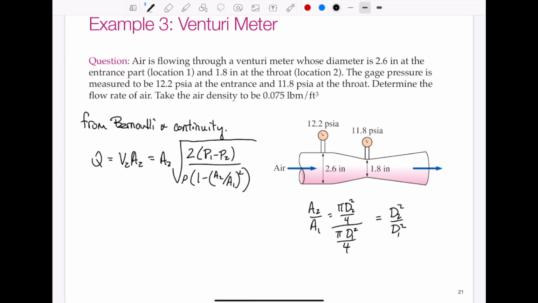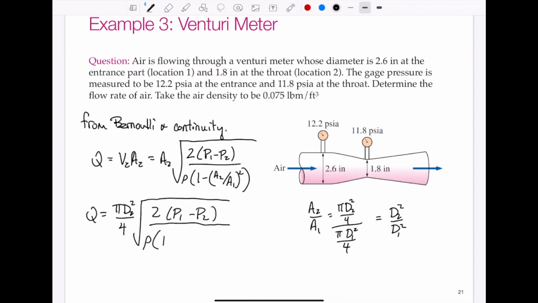So if we know the diameter of those sections of our Venturi meter, then we can rewrite our equation as Q is equal to A2, so that's pi times diameter 2 squared over 4, times the square root of 2 (P1 minus P2) divided by rho times (1 minus (D2 over D1) to the power of 4).